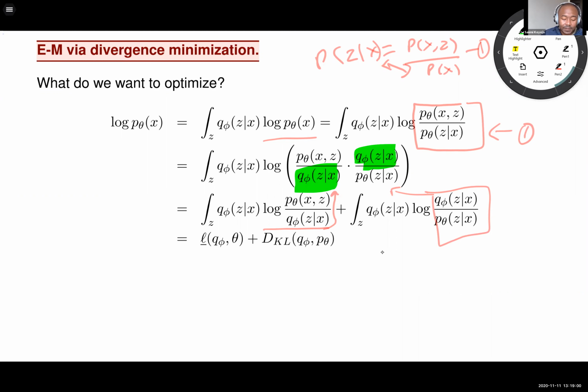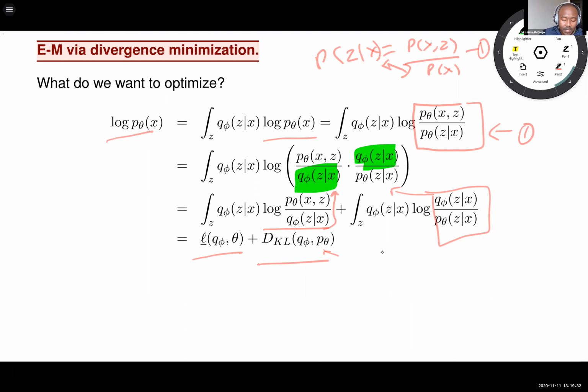So you can write the log likelihood as a sum of 2 terms. One term is exactly equal to what we wrote as this lower bound L bar. The other term is exactly equal to the KL divergence between an approximation distribution Q theta and P of Z given X. So I've written this log likelihood as a sum of 2 terms, one being a lower bound, the other being the KL divergence.